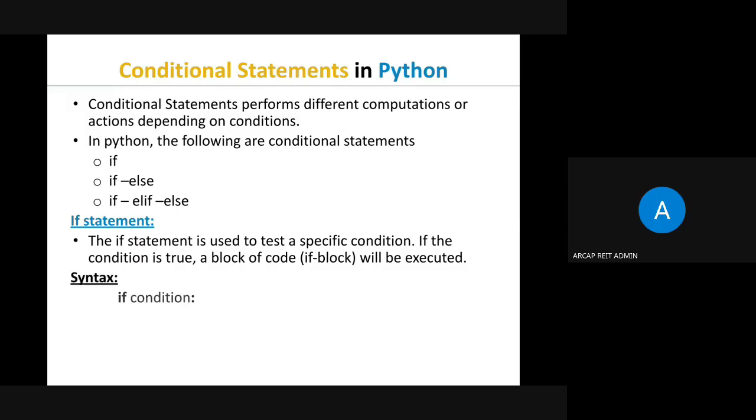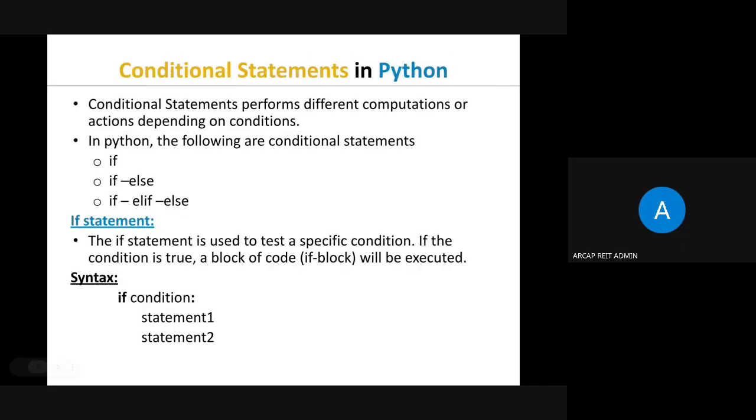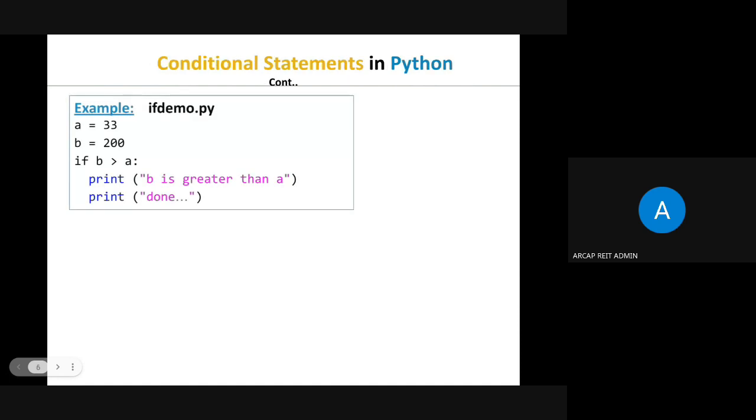If you write if, the condition, colon, then you can see the indentation. The statements start after the tab. Those statements, statement 1 and statement 2, will be executed. Otherwise, if the condition is not satisfied, it will omit or leave both statements. For example, here A is equal to 36, B is equal to 200, right?